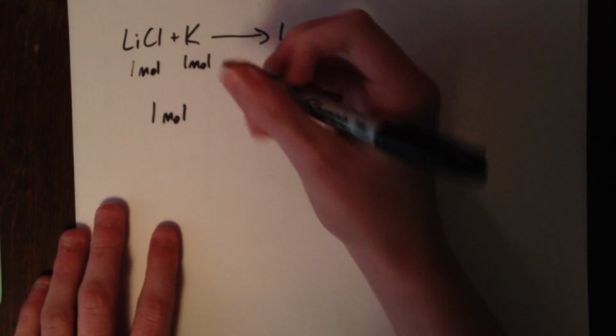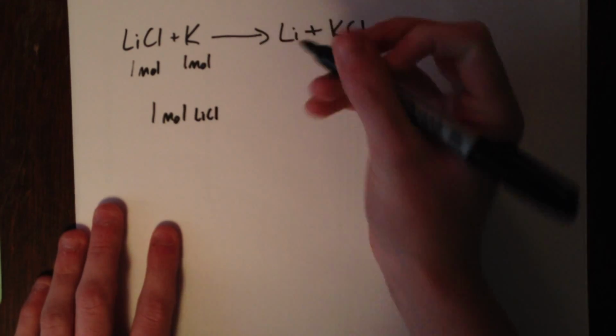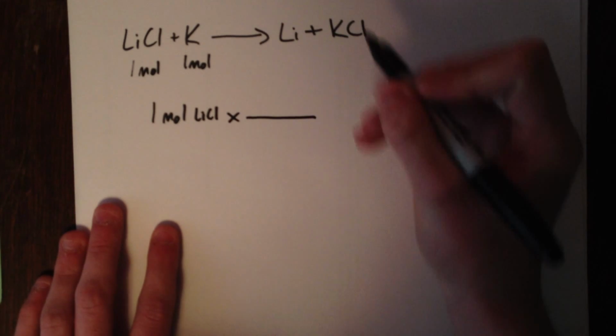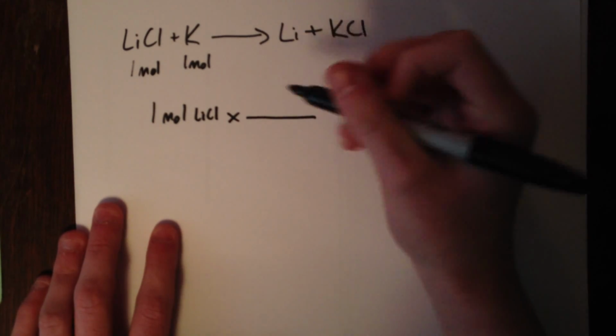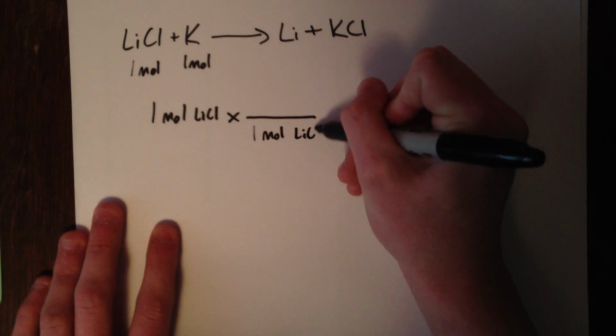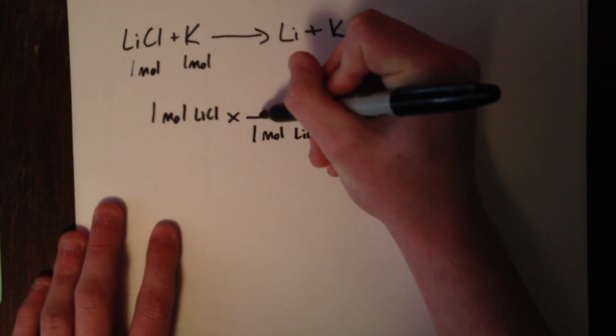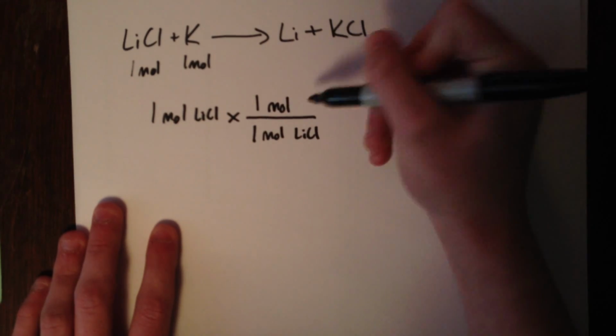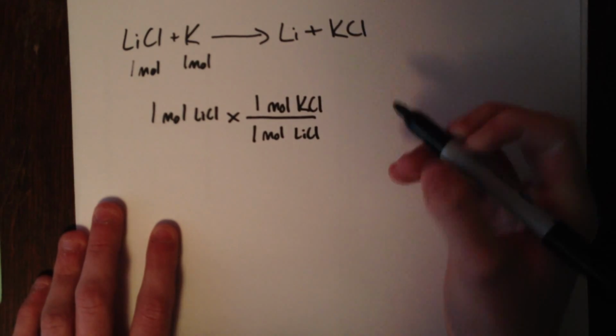So we'll have 1 mole of lithium chloride right here, and we will multiply this by a factor of the moles of lithium chloride over or under the moles of whatever we're trying to convert to, which in this case would be potassium chloride.